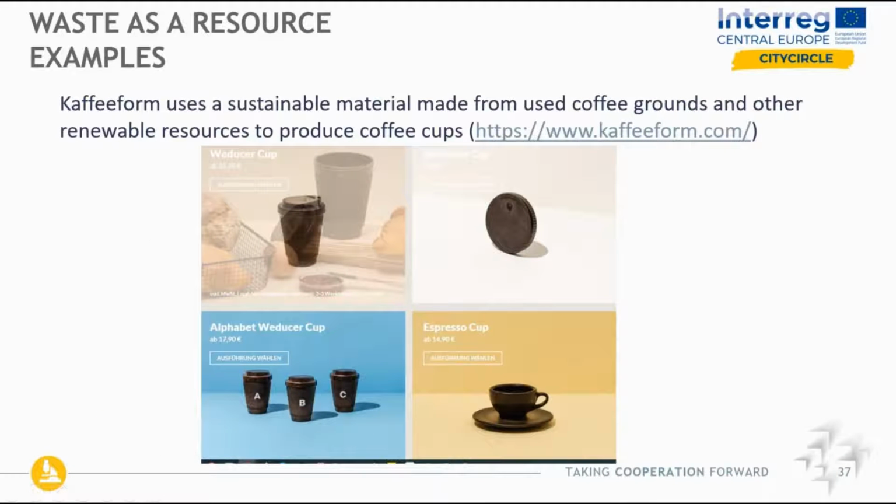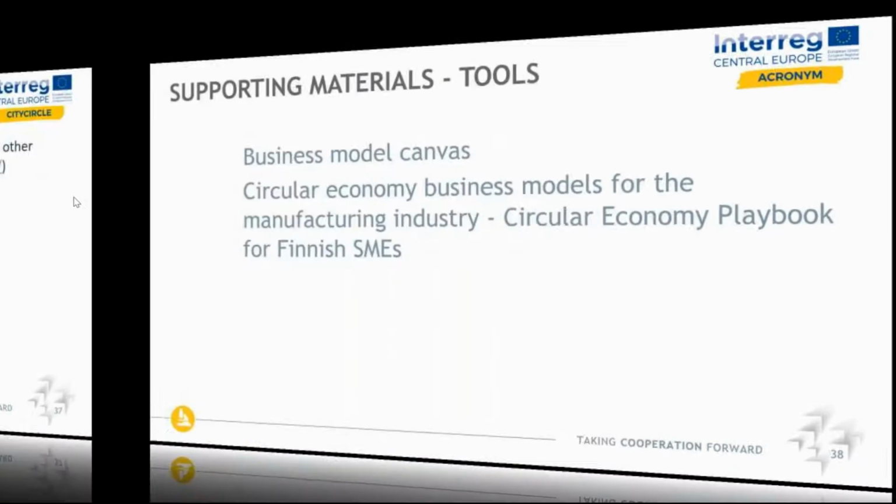Cafe Form, I think a German company, uses coffee grounds and other renewable resources to produce coffee cups. So they stay in the same market, let's say. You have cups like this or like this, made out of coffee grounds and other renewable resources. Also for the larger public. So that's another type of model.